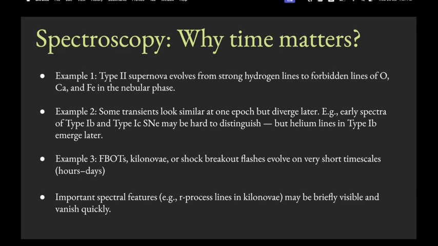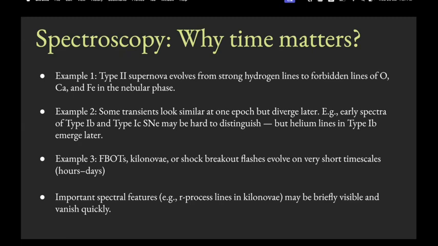For example, it may be hard to distinguish early spectra of type 1b and type 1c supernovae, but in the case of type 1b supernovae, the helium lines emerge later in the spectrum.